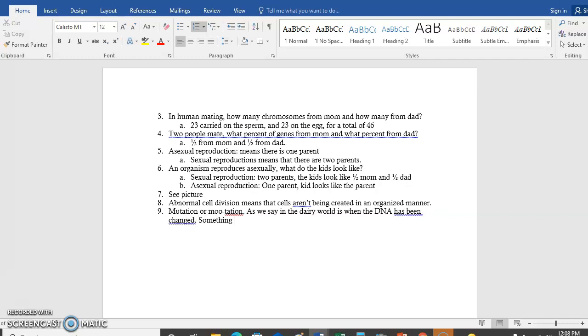Sometimes this means a new trait. We talked about that yesterday. Lactose tolerant people.